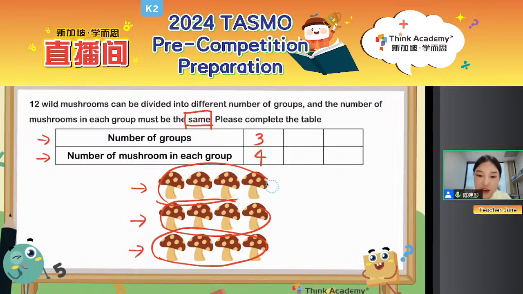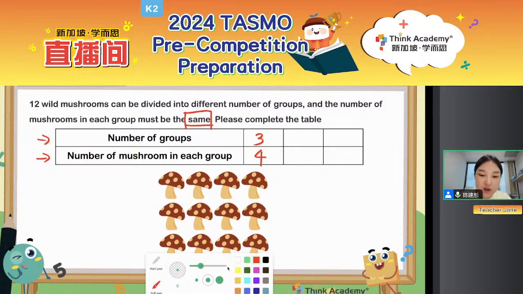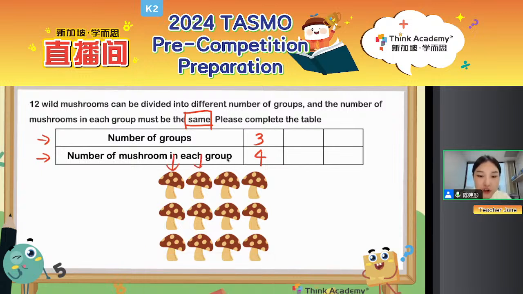Then everyone, think about another way. Is there any other way that we can share the mushrooms? Let's do it together. So probably we can share them into 4 equal groups, right? Because according to the picture, there are 4 columns. And as for each column, the number of mushrooms is also the same, right? So everyone, probably we can try it together.